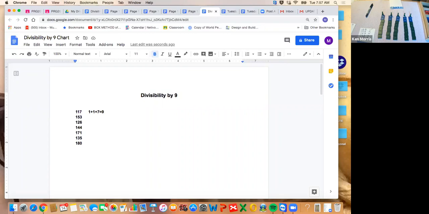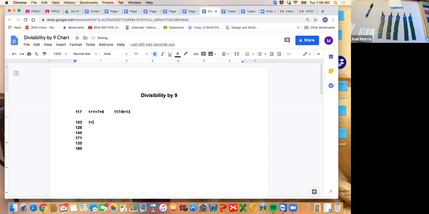Okay. And I'm going to now check whether 117 is evenly divisible by 9. I'm going to get my handy calculator here and divide 117 by 9. And lo and behold, it is 13. No remainder. Now let's look at 153.